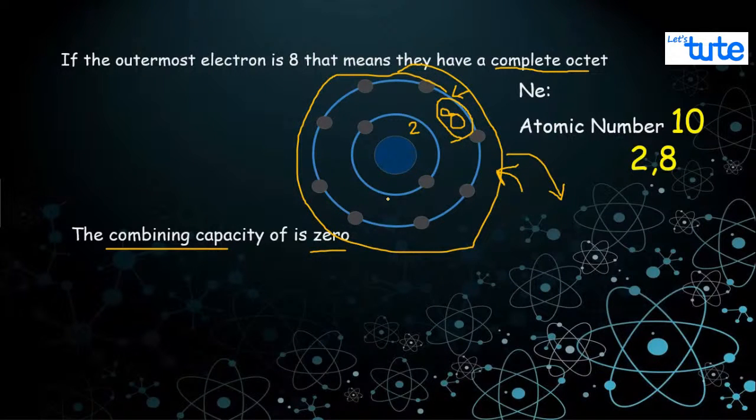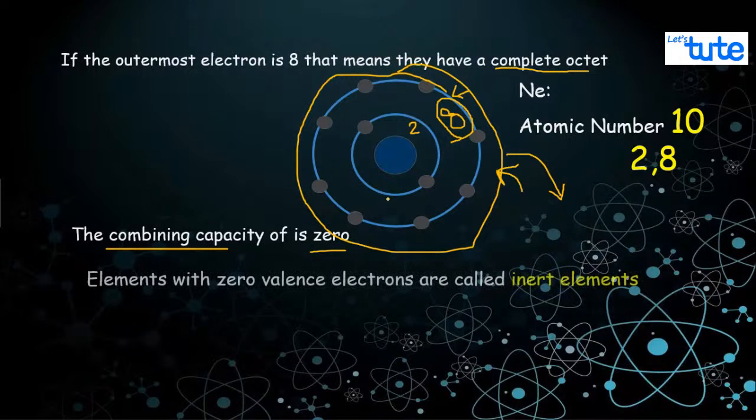These kinds of atoms are called inert elements. So this atom has zero valence electrons. Therefore, it is called an inert element.